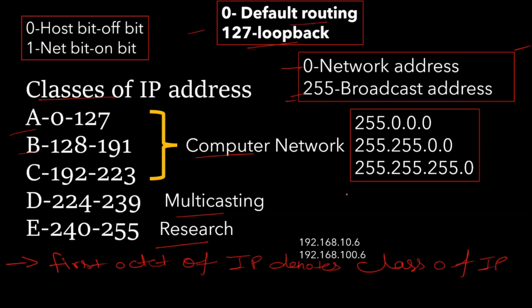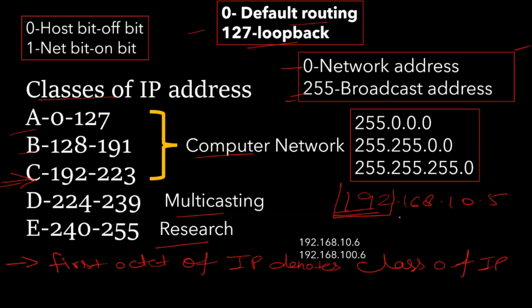Suppose I am writing one IP, 192.168.10.5. Now can anyone tell me the class of this IP? Class C, right? Class C, because in the first octet we have 192. And if you see in this table, 192 is available under class C.